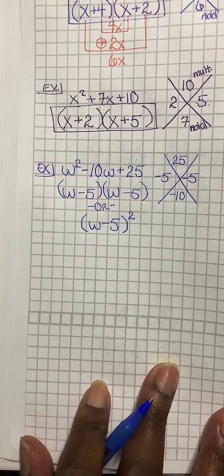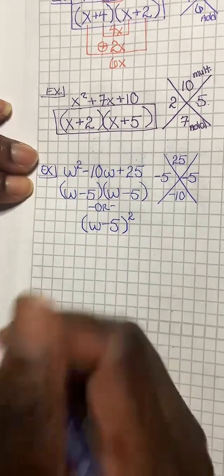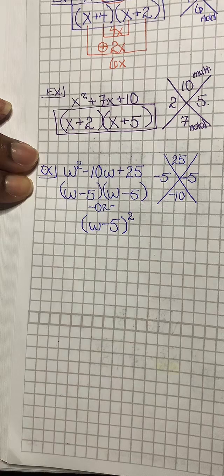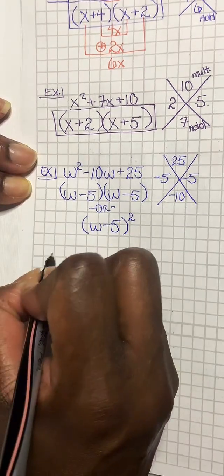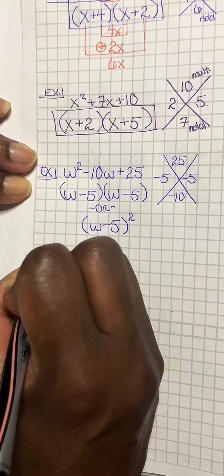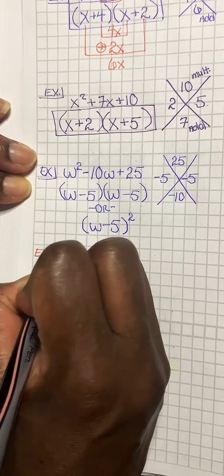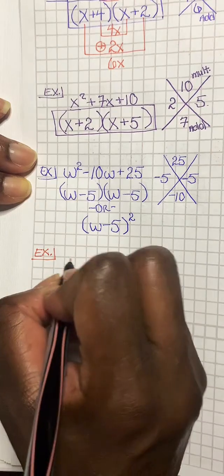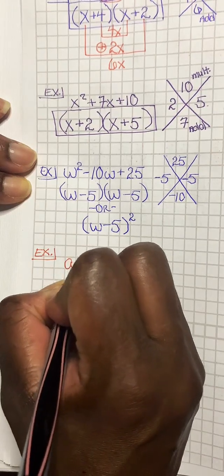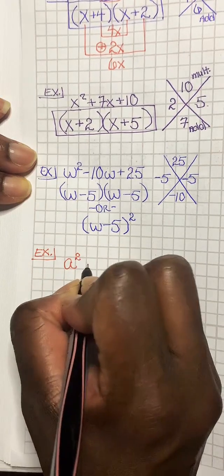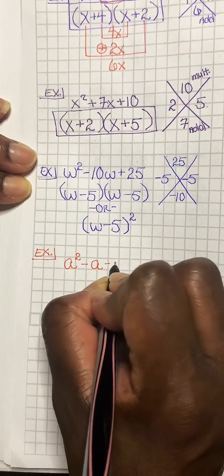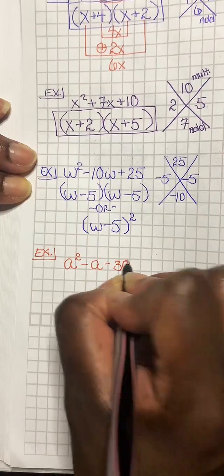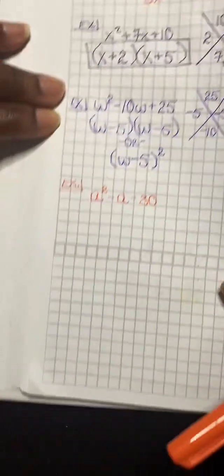All right, so let's try. Let's try this one. So we have our a squared minus a minus 30. For all my negative fans out there.